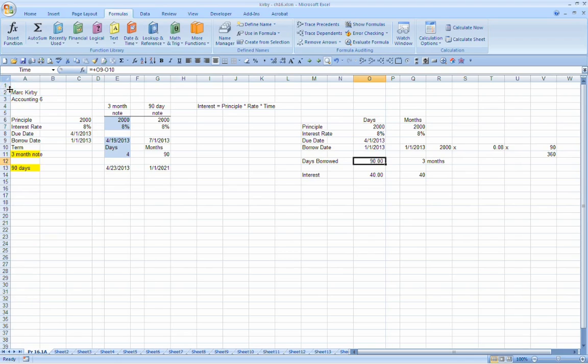And you can jump from one to the other. You can find things by clicking back and forth. Okay? Good enough. So you could put in days or months here and do an if test like we did when we calculated the due date for these notes over here. Good? All right.